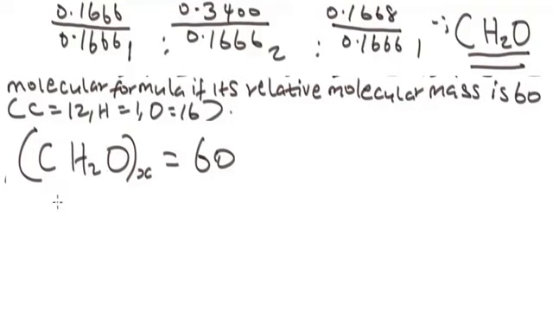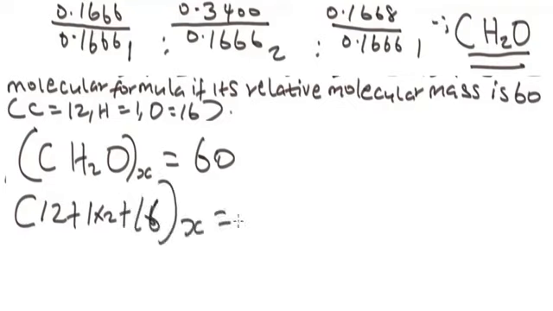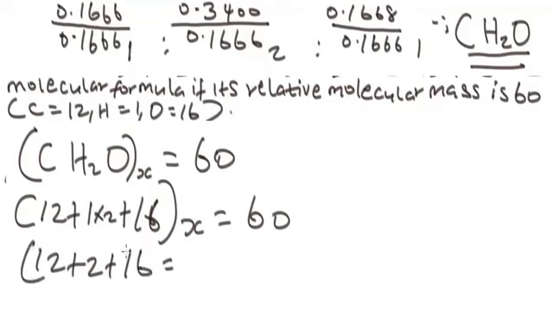So if we simplify this, we're going to have in brackets the relative atomic mass of carbon, which is 12, plus that of hydrogen, which is 1 times the molar number 2, plus oxygen, which is 16, all times x equals 60. When you simplify this, I'm going to have 12 plus 2 plus 16, x equals 60.